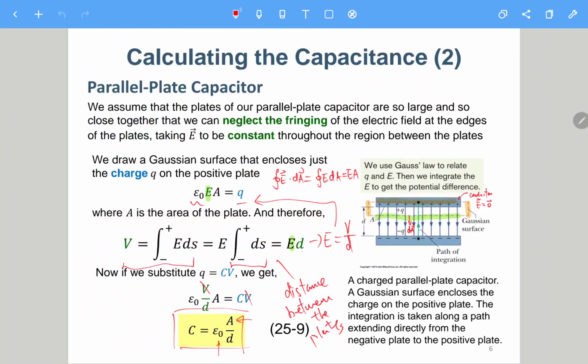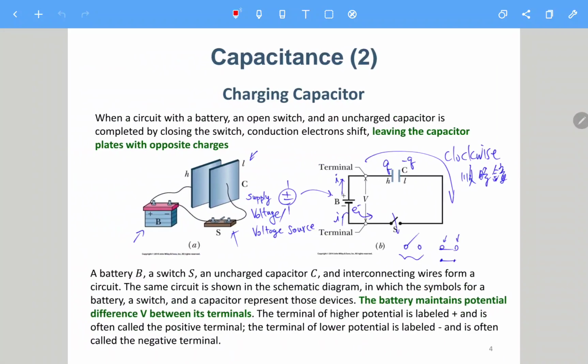Although on the previous page, we didn't mention which one is positive and which one is negative. If we have a capacitor, you can either put higher voltage on the top plate, or you can put the higher voltage on the bottom plate.